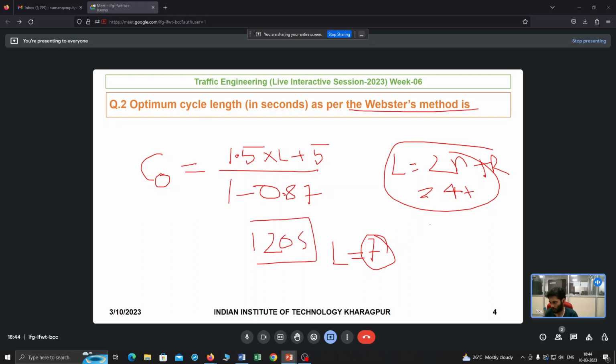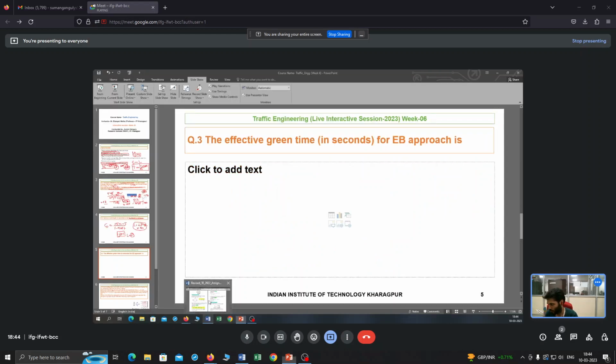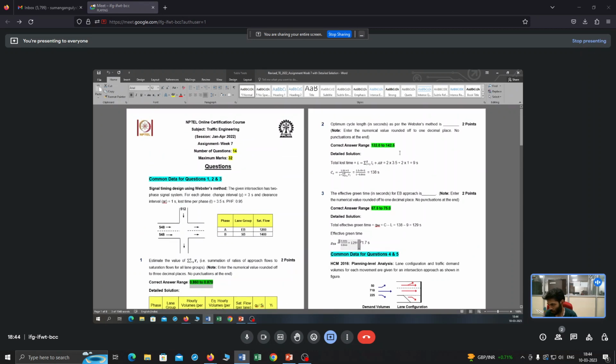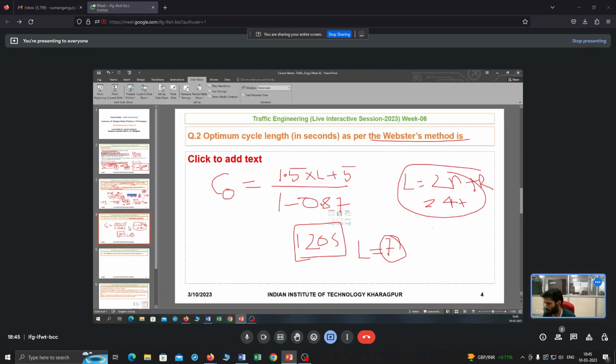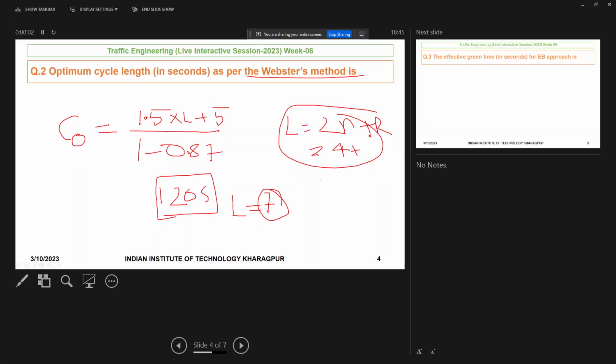Let us check whether it is correct or not, whatever we have done. You can always check the results. No, it is not correct. So last time we have to add the all red time as well. It is generally 2n plus R, but here it is directly given. So it is not 120.